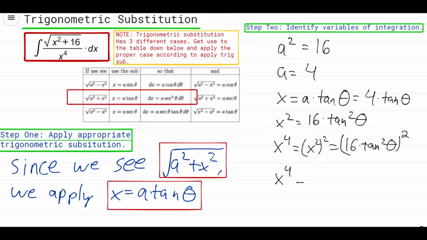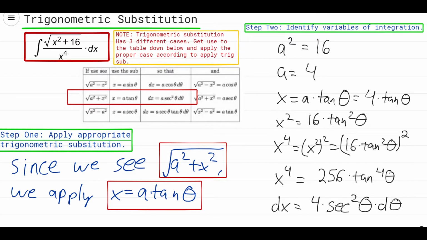So in essence, x to the fourth power is equal to 16 squared, which is 256, times tangent to the fourth power. So that's our x to the fourth. And our dx, the derivative, would be a times secant squared theta, and our a is 4, so it's 4 secant squared theta.